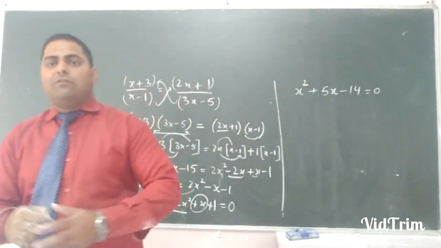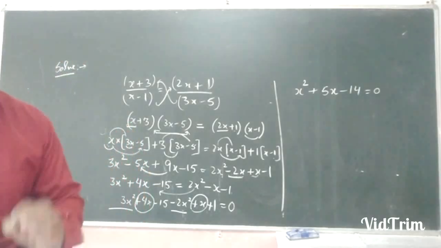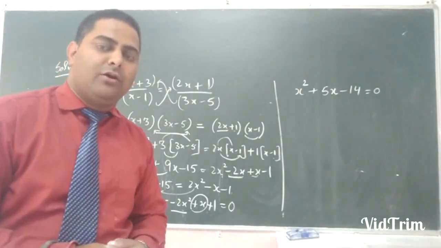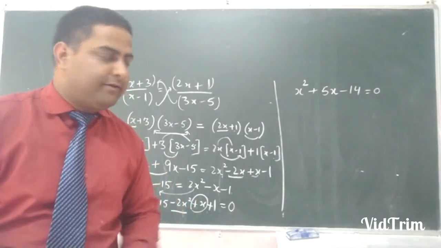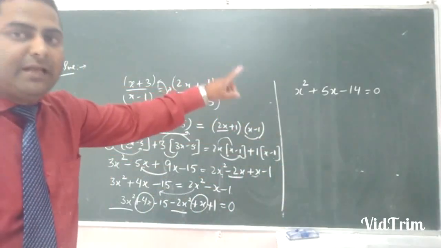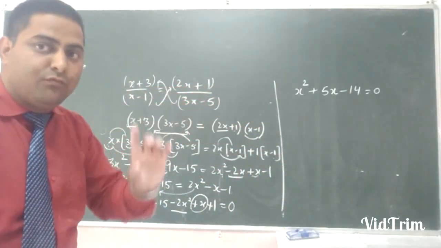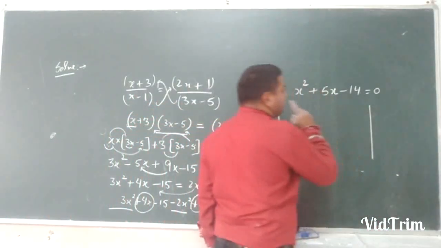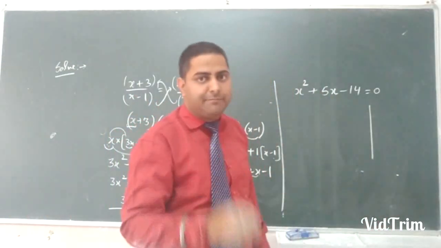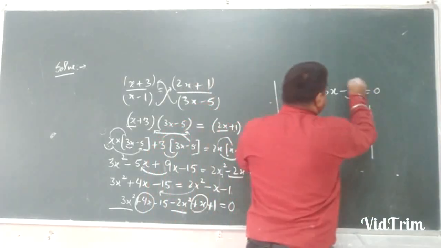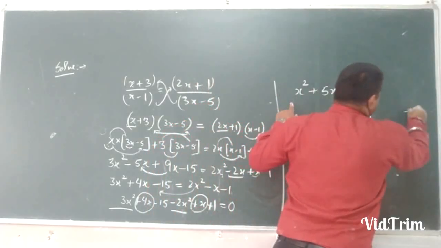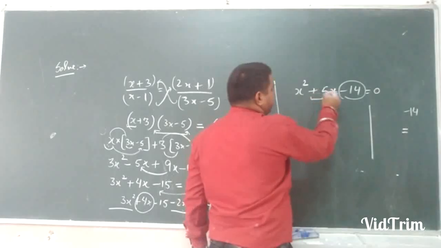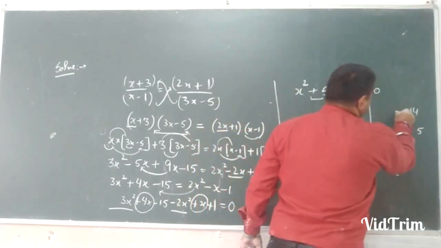So after solving this, now we get the quadratic equation whose root has to be found. X square plus 5x minus 14. Now we have to find two numbers which when multiplied we get minus 14, and when we add them we get plus 5.